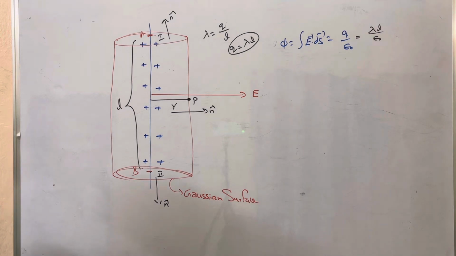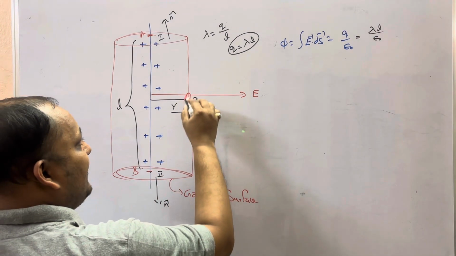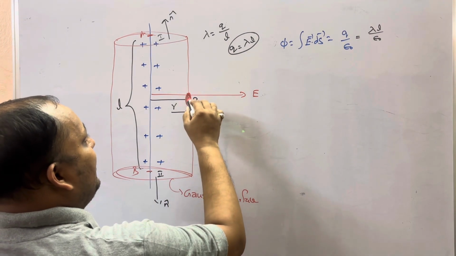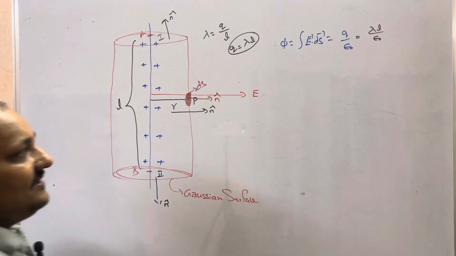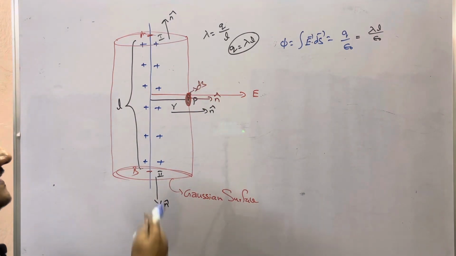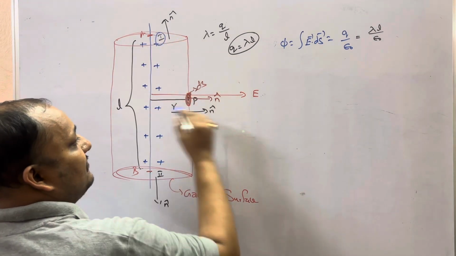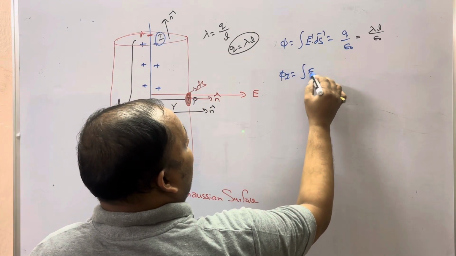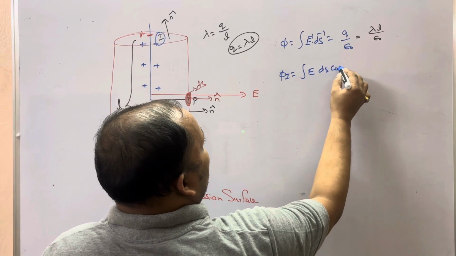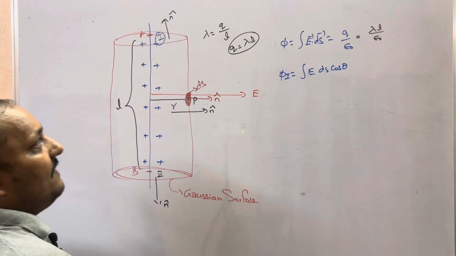You assume a small portion of surface area, that is ds, with its direction along n cap. The flux passing through surface 1, phi 1, is the integral of E ds cos theta. What is theta?